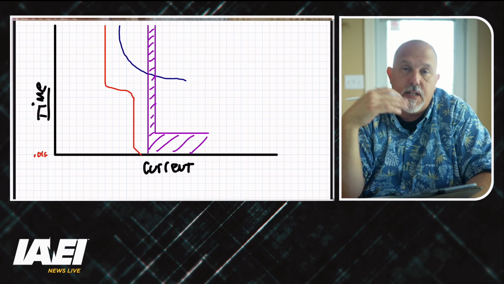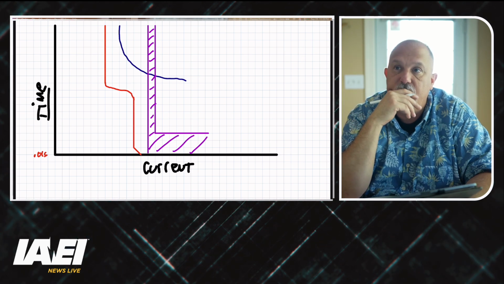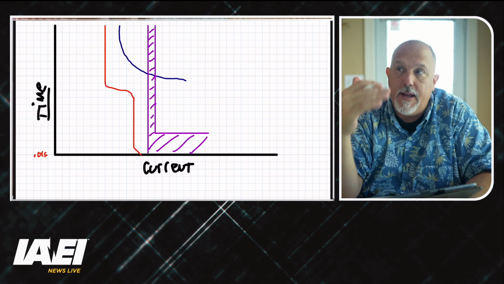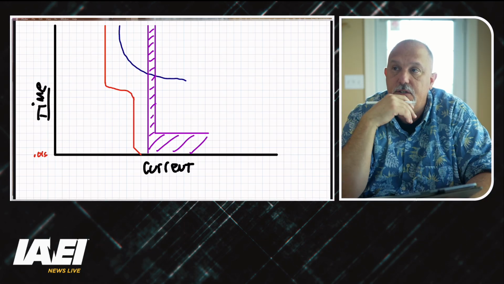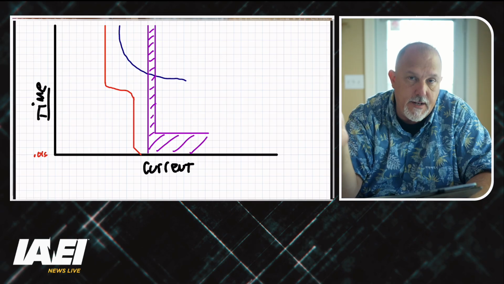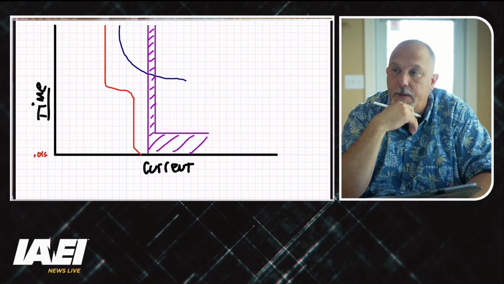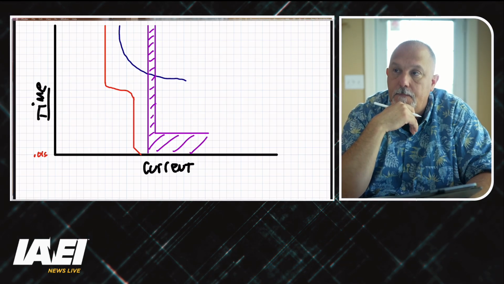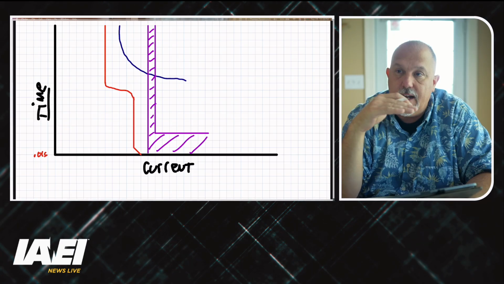And this is where she'll select her conductors. She'll apply her ambient temperature correction factors, her adjustment factors because of the number of current carrying conductors in a raceway. She picks the conductor size.